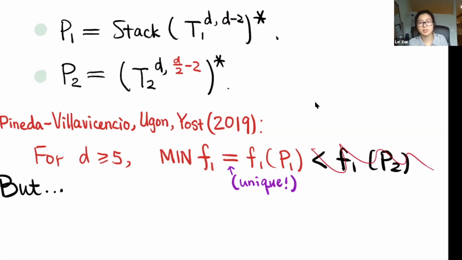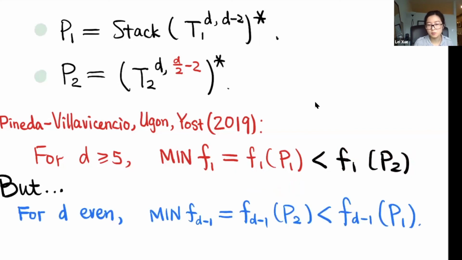What this says is that if we want to believe that the component-wise minimal f-vector exists for 2D plus 1, then it has to be the f-vector of P1, because it's the unique minimizer in one component. And it's strictly smaller than the number of edges of P2. Although P2, as you can see, only exists when D is even.